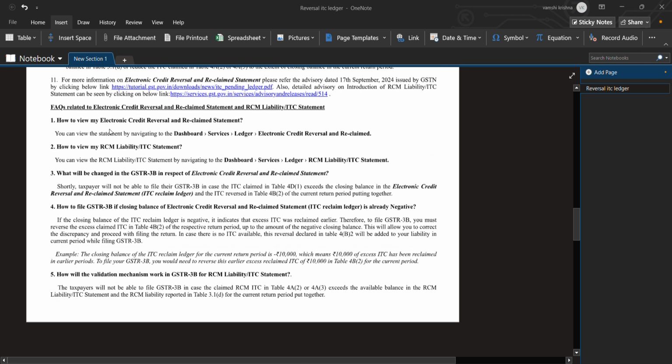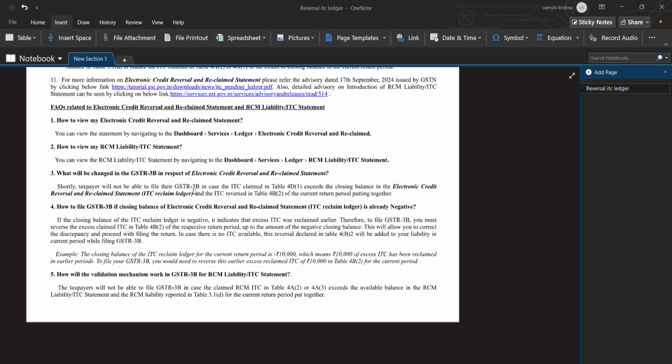First, how to view my electronic credits? We can go to Dashboard, Services, Ledger, and we can see both. Next, what will be the change in GSTR-3B in respect of the electronic credit reversal and reclaimed status? Shortly, the taxpayer will not be able to file.